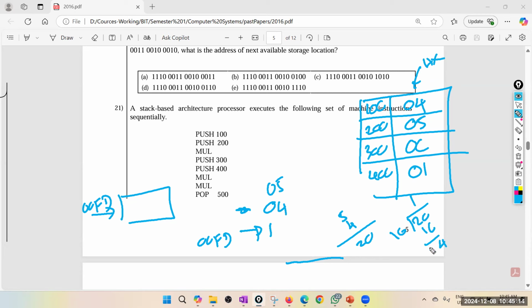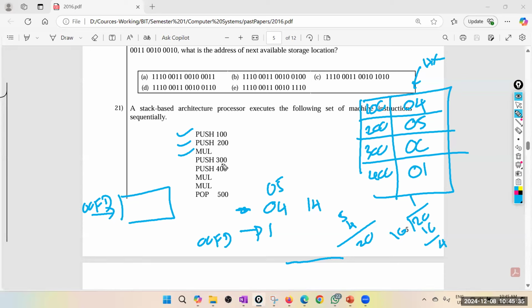So that is 1, 4. So therefore now your stack has 1 and 4. Remainder is 4. So now after this line, these two are not there. Your stack has again 1 and 4 in hexadecimal.